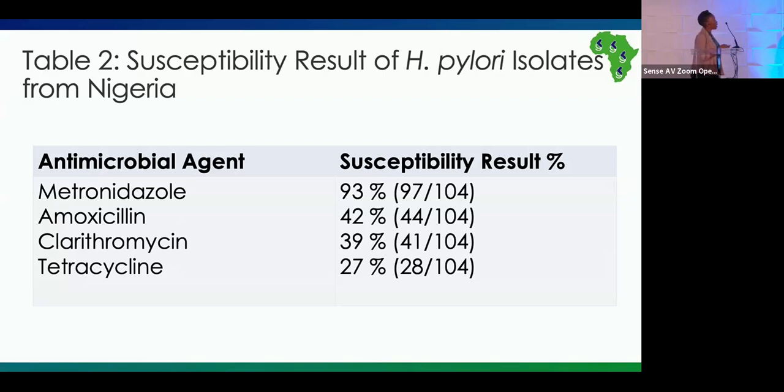There has been a lot of controversy about the resistance of H. pylori to amoxicillin, and we investigated further on the cause of this, because this investigation was done in triplicates. We repeated the process 3 times before we concluded on the level of resistance. We investigated beta-lactamase production, and none of those isolates produced beta-lactamase.